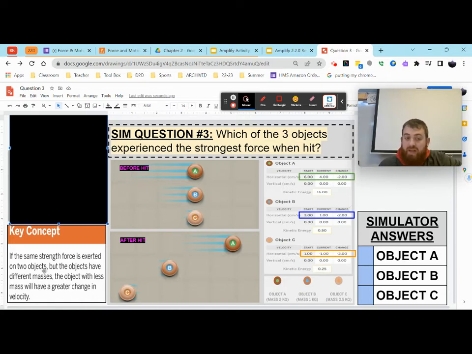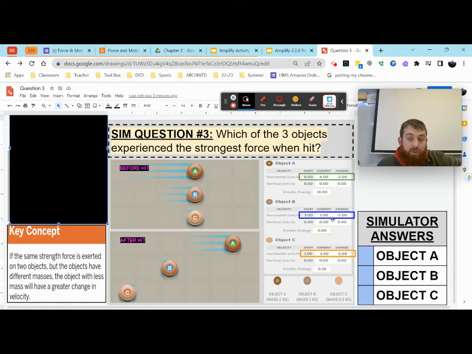That's why, when we look at our key concept, we know that lighter objects will change their velocity more when experiencing the same force. So if all of our objects experience the same change, 2, 2, 2, that means that object A, our heavier object, needed more force to change its velocity the same as object B and object C. In other words, object C doesn't need as much force because it's lighter.